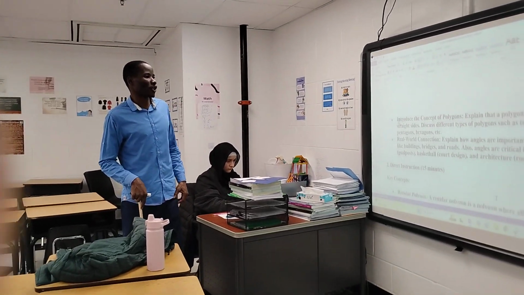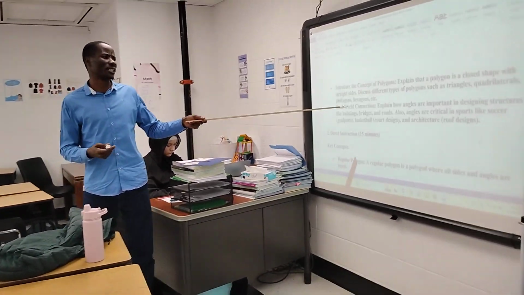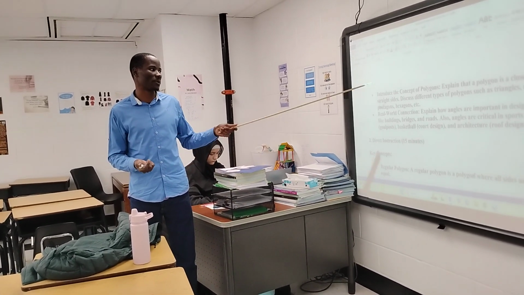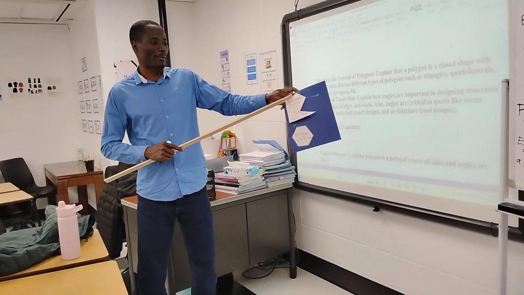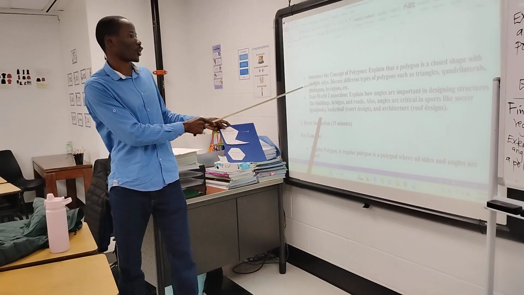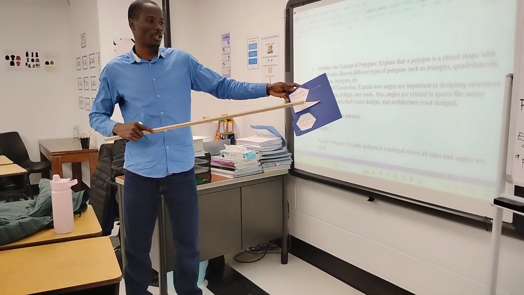Now, I've already talked about introducing the concept of polygons, explaining a polygon is a closed shape with straight sides, and I already showed you here. So these are examples of polygons. Any shape that is closed with straight sides, these are what you're talking about: polygons.